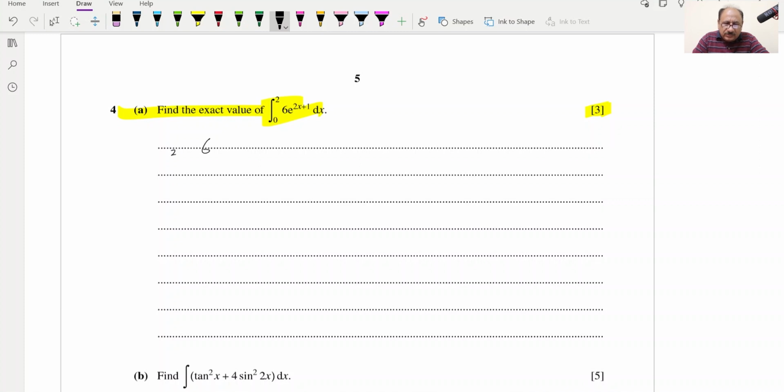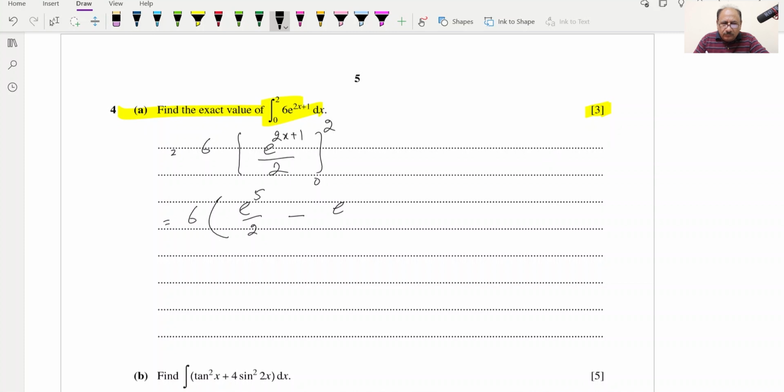So 6 as it is outside we can write, and integration of e raised to 2x plus 1 will be e raised to 2x plus 1, same thing, divided by the derivative of 2x plus 1, and integral limits will be 0 to 2. When we apply the upper limit first, 6 as it is, it will be e raised to the power 4 plus 1, so e raised to 5 by 2, and minus, when we apply 0, e raised to the power 1 by 2.